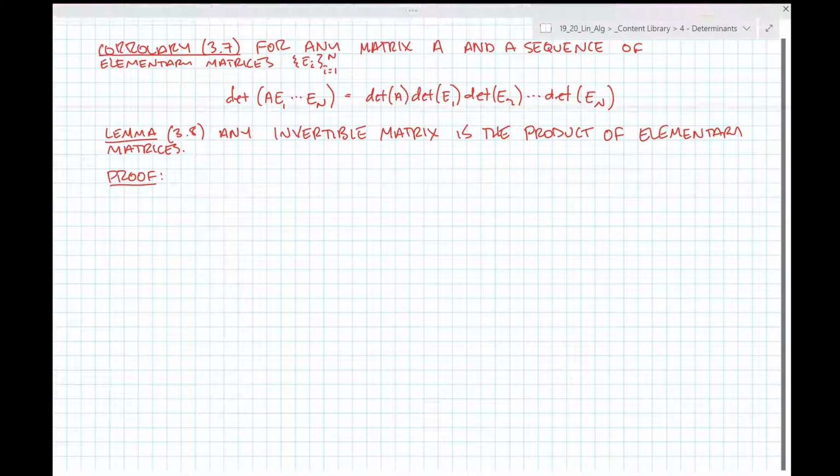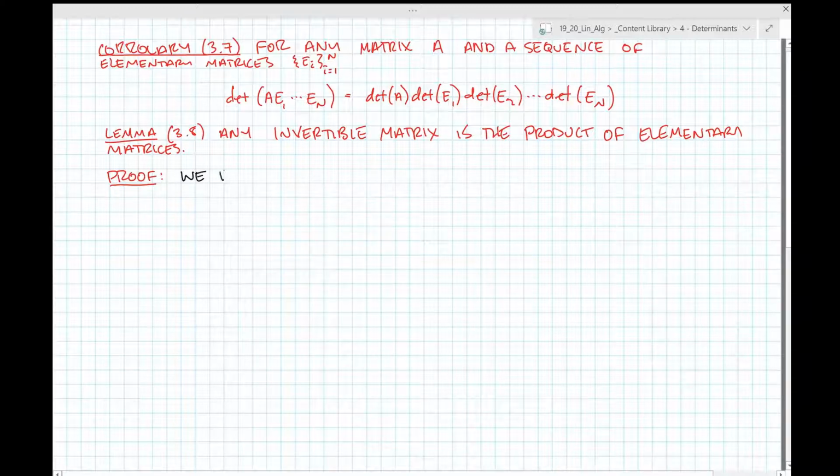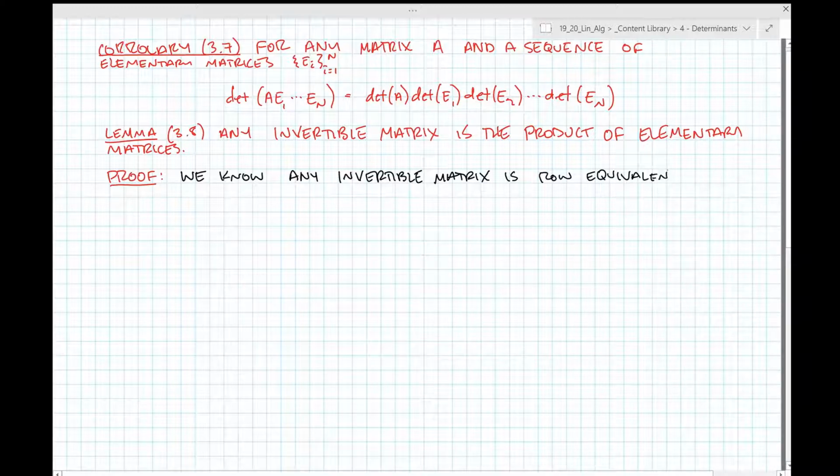Okay, so what we know is that any invertible matrix is row equivalent to the identity. So we could do some number of row operations on an invertible matrix and get to the identity matrix.